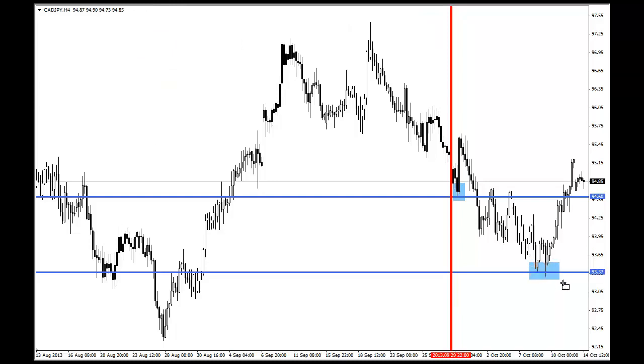But for now we're just going to take a look at this here. When price trades down into these levels here, we want to be looking for an optimal trade entry to key off of on a lower time frame. So we're going to do that now.